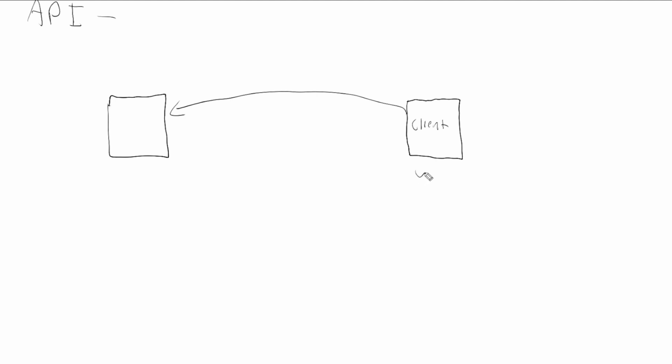And this client needs to get information from this piece of software, this application over here. Well, if this client is written in JavaScript, and then this server, we'll put server, is written in Python, how can they communicate? They're two different languages. How can I get information from the database that's going to sit on this backend server or resource here?